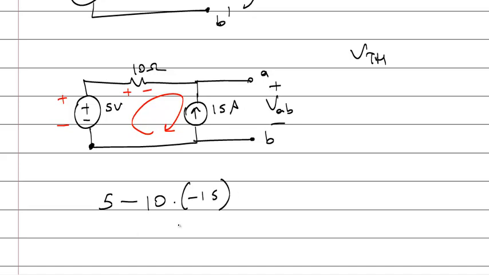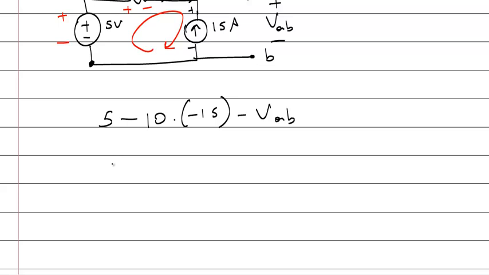Yes, minus 15. Then I continue. There is a voltage drop of VAB, plus minus VAB. Okay. So from here, I have reached the same point. Summation is 0.